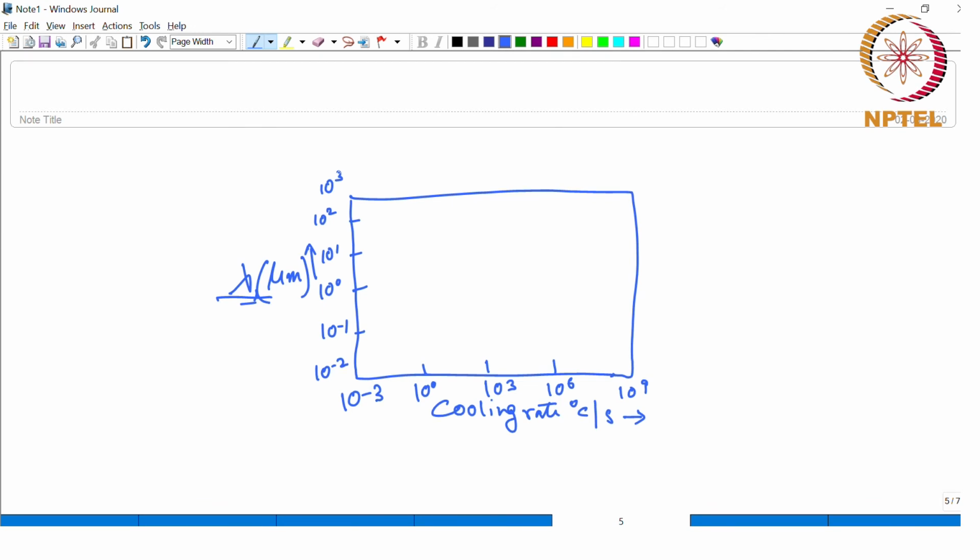So, as you increase the cooling rate, this will decrease linearly like this. Okay.